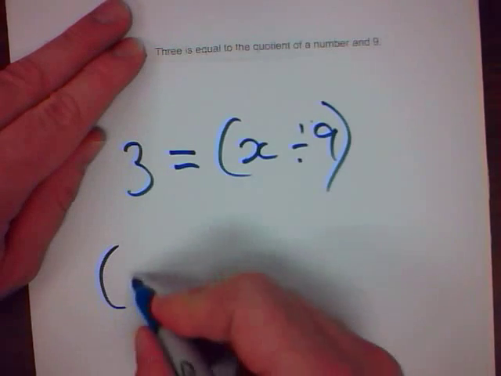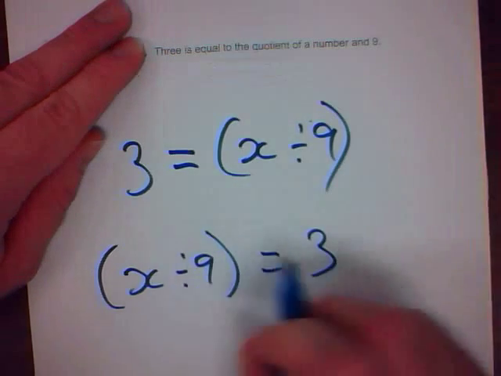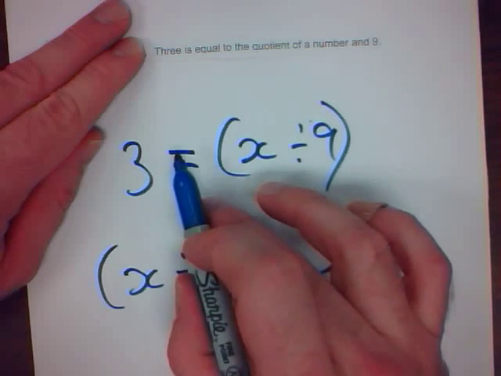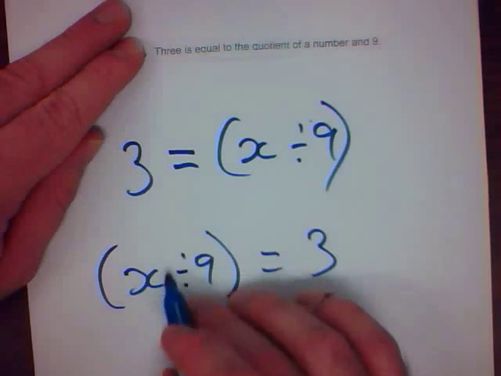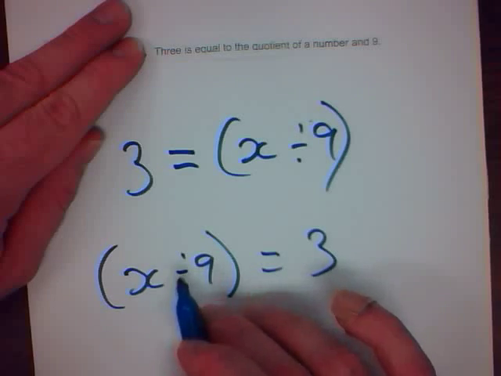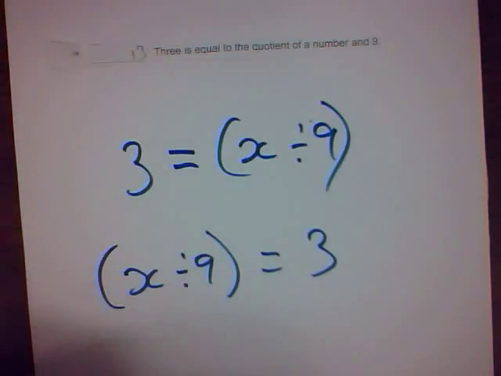Now, if you were to do it this way, that's not wrong either. Because the equal sign is still in the middle and you've got the right pieces on each side. Notice, however, I cannot change this order because this is division. You can't mess with the order of division. And there are a series of examples of how to translate English into math. And hopefully that will help you get started.